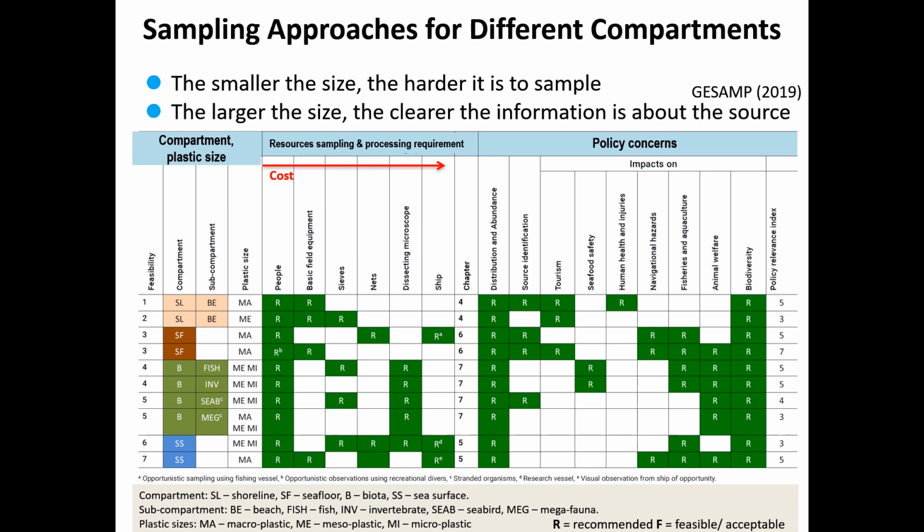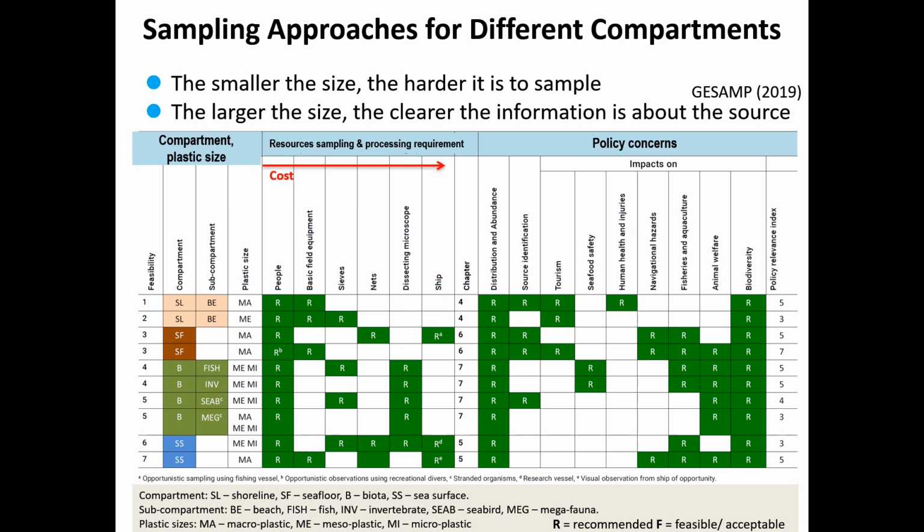This table is a compilation of the contents of this report, showing a list of environmental compartments and litter size categories. It summarizes the resource requirements like personnel and equipment for each combination, and it provides examples of typical policy questions that government agencies may be facing.